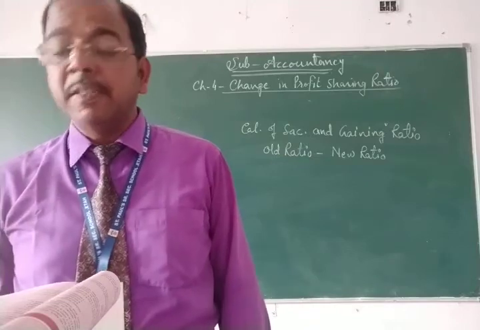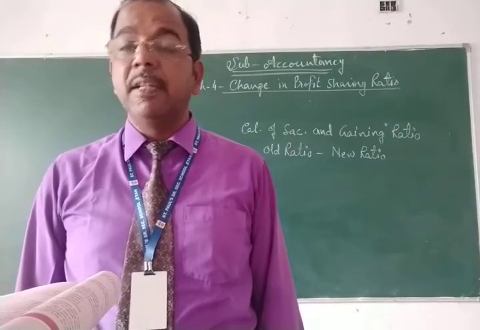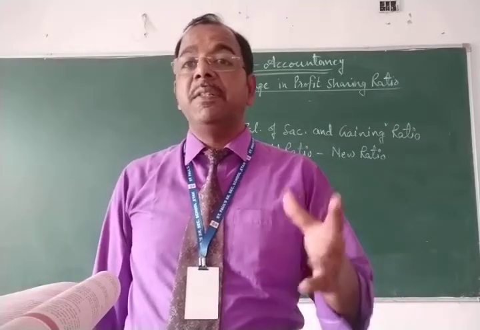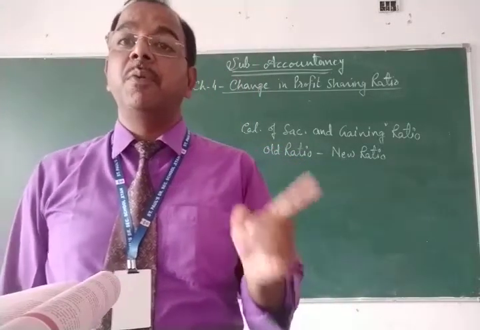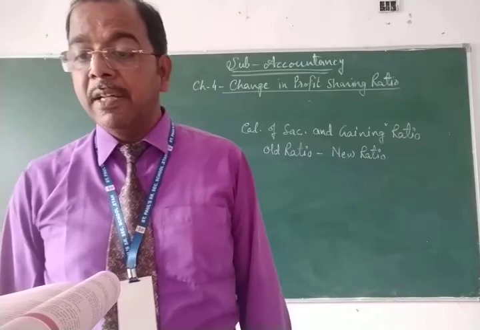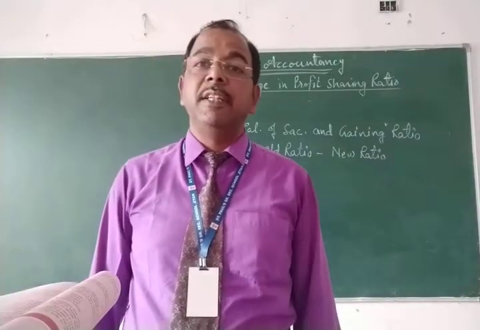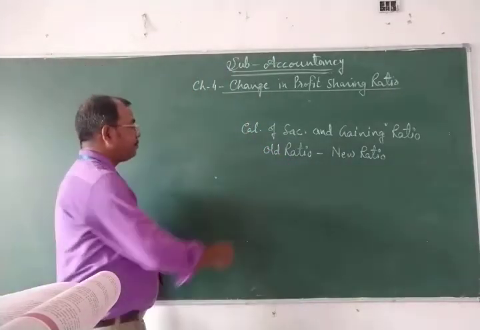With effect from 1st April 2019, they agreed to share profit in the ratio of 4:3. In future, in which ratio will they share? They will share in the ratio of 4:3. Calculate individual partners' gain or sacrifice due to change in ratio. Okay, students? So let's see.